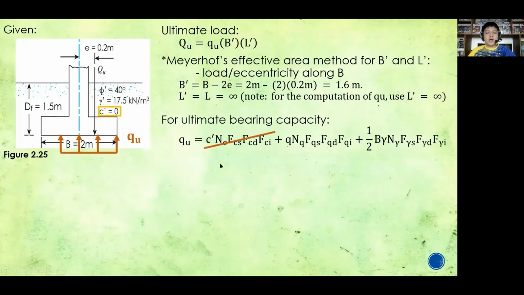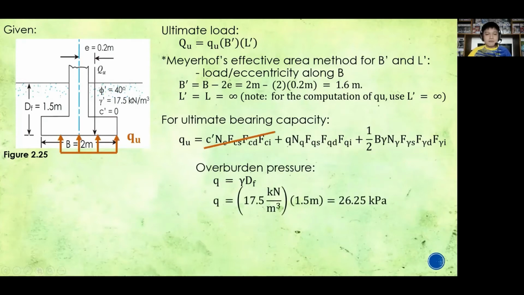For our first term, since c prime is 0, we will eliminate it. For overburden pressure, no modification, no shallow groundwater table. So q is equal to gamma times Df, and gamma is 17.5 times Df of 1.5, or that is 26.25 kilopascals.